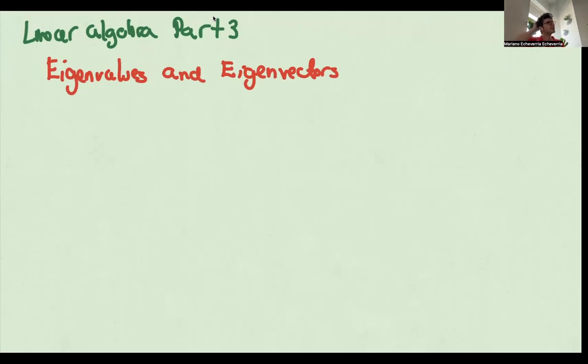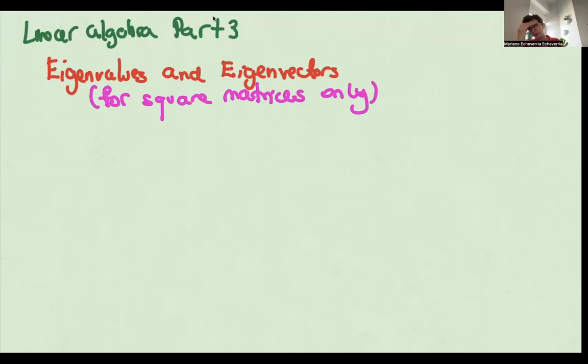Again, this will only be for square matrices, and you'll see why in a second. For most of the examples I'll focus on, they will typically be 2 by 2 and 3 by 3 matrices.